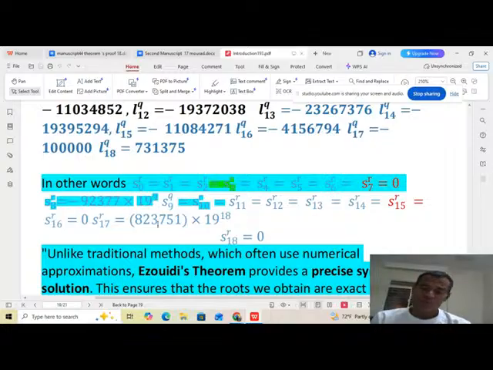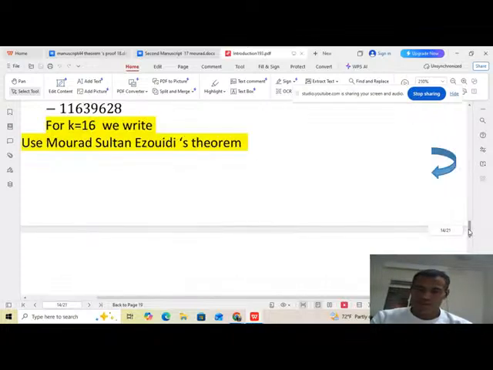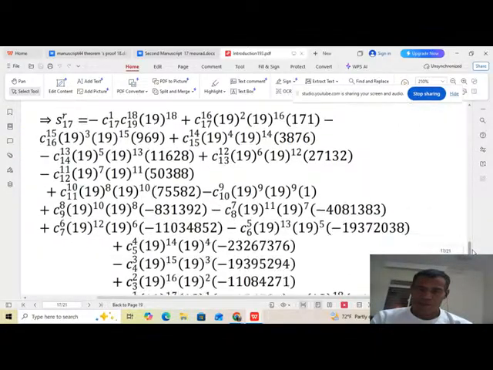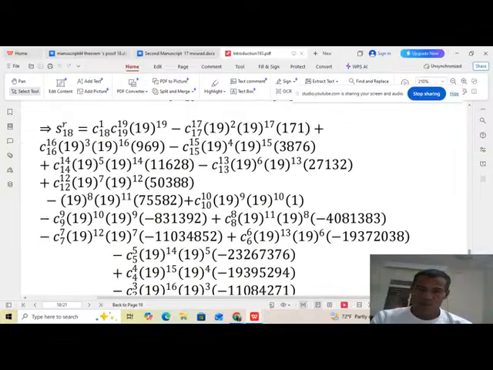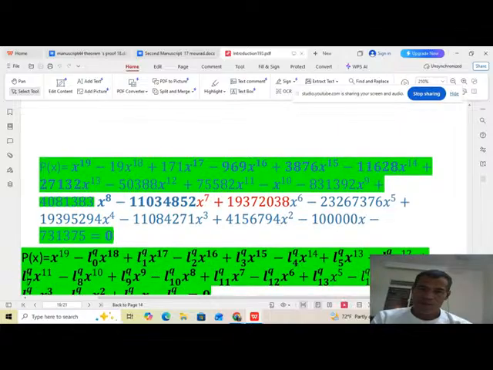So here we continue with this problem to the power 19.